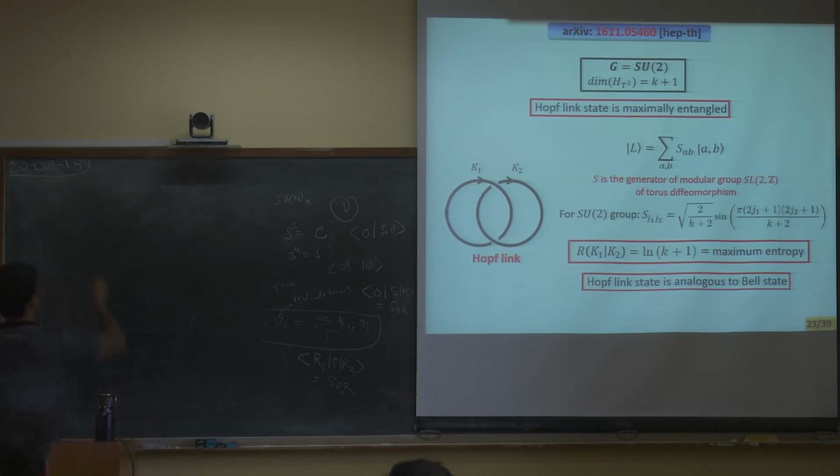Okay. So for the SU(2) group, this is the Jones polynomial, when the two knots carry representations A and B. If you take two circles which are separated, so they are not linked, it will be given as the knot invariant for this knot times the knot invariant for this other knot.